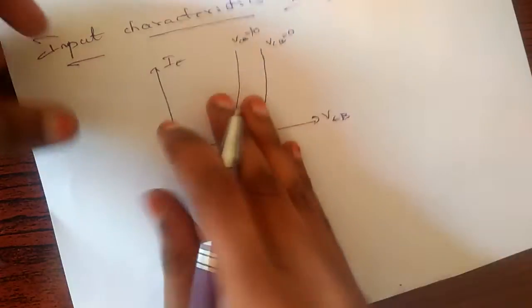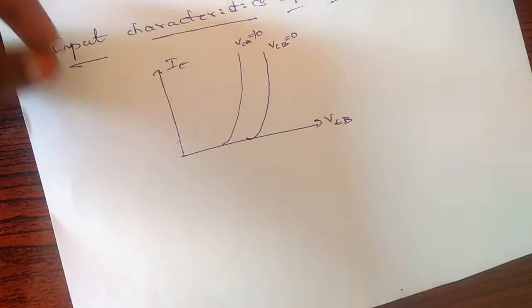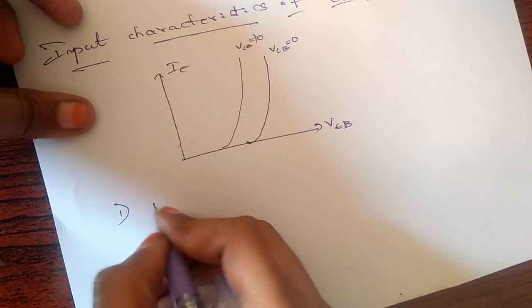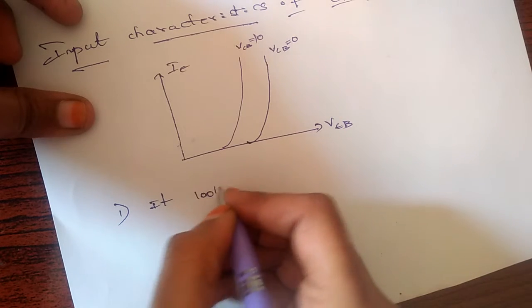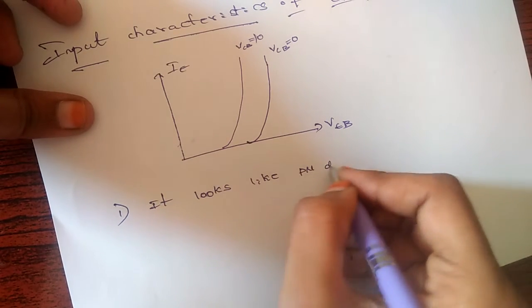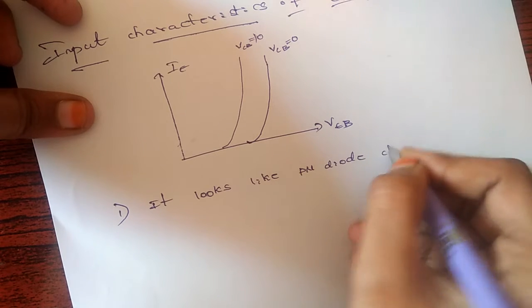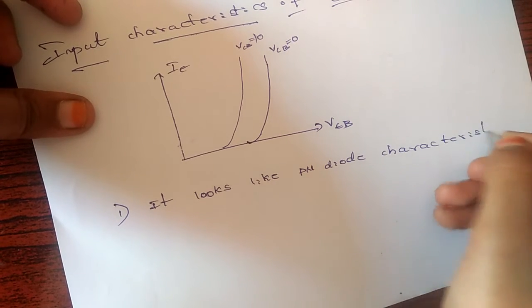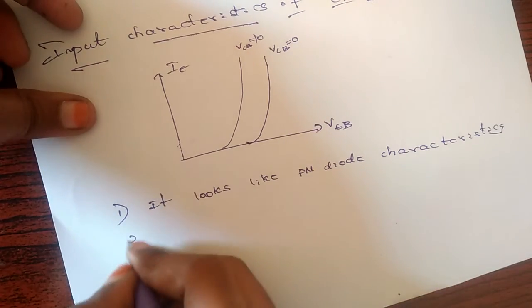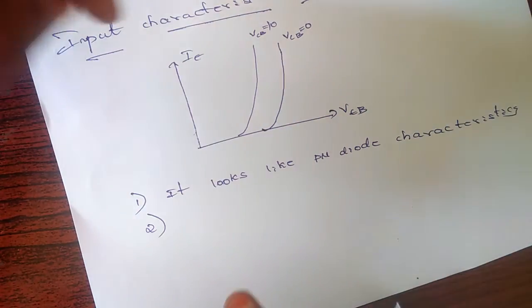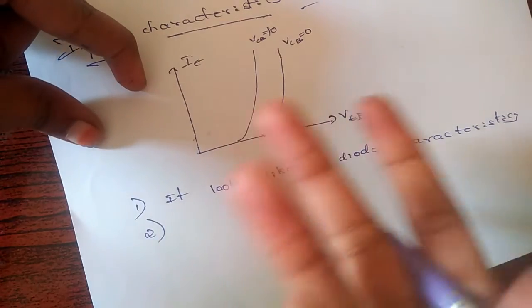Some important points to be noted for the input characteristics are these. It looks like PN diode characteristics, isn't it? Yes, it looks like PN diode characteristics. Next, after the knee voltage, the emitter current rises sharply. Why so?